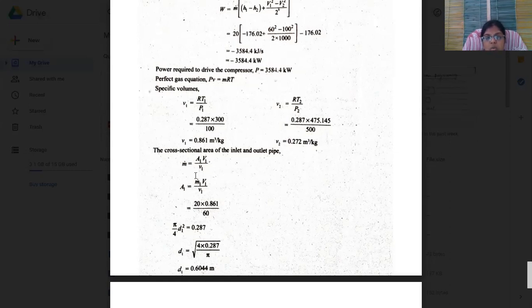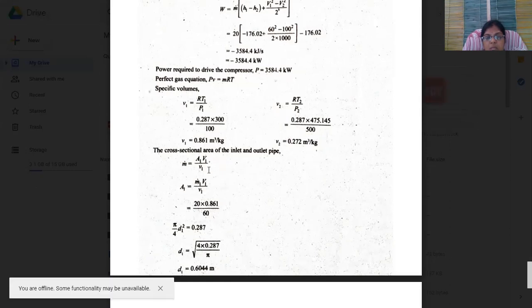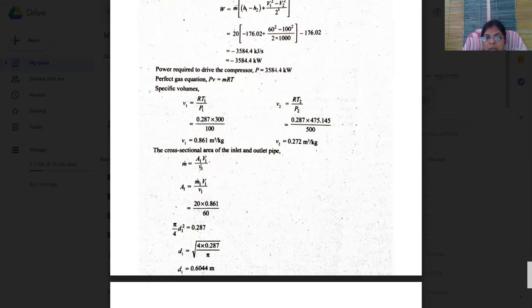So m dot is equal to A1 v1 by specific volume V1. Understand students, density is equal to mass by volume, mass is equal to density into volume. Volume is taken in the form of area into velocity, and density is taken in the form of 1 by specific volume. Finally, we got area into velocity by specific volume.